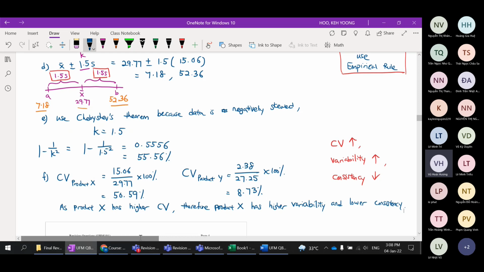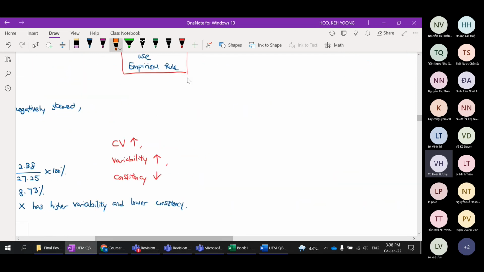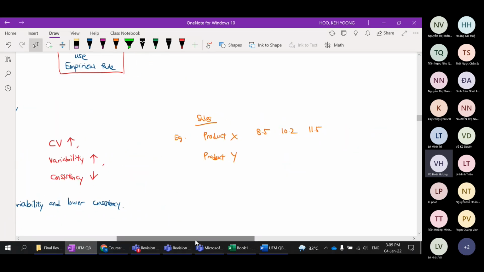If you don't understand this, maybe I'll illustrate it here. Let's say product X, for example, this is the monthly sales for product X and product Y. Higher variability means maybe product X monthly sales has 8.5, 10.2, 11.5, maybe until 30.5, even until 50.7.